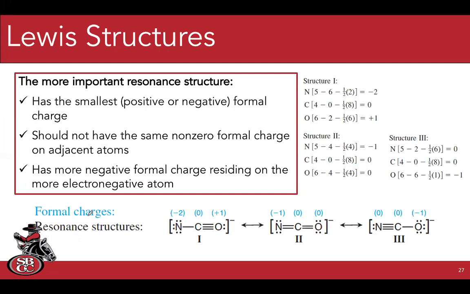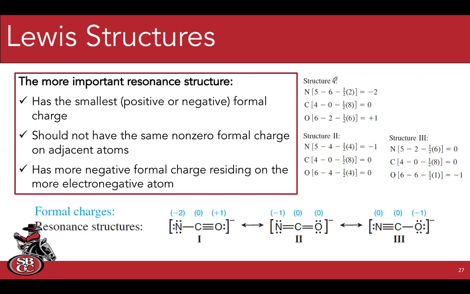Atoms are not going to want to sit next to each other and have an uneven distribution of electrons without trying to redistribute electrons or just break the bonds that they're forming. So they will settle into the lowest energetic state. All nature does that. And then finally, the more negative formal charge will reside on the most electronegative atom or the smallest atom. Those things Linus Pauling taught us are intrinsically linked.